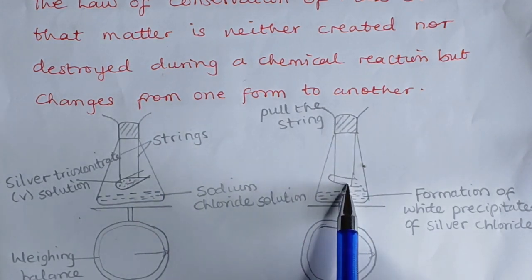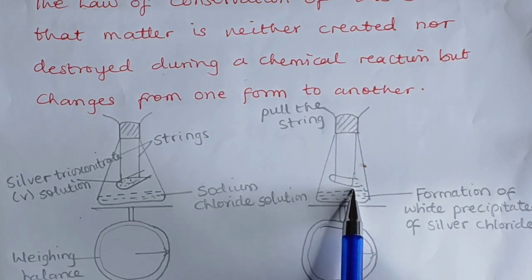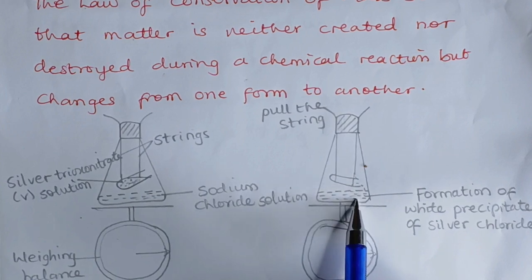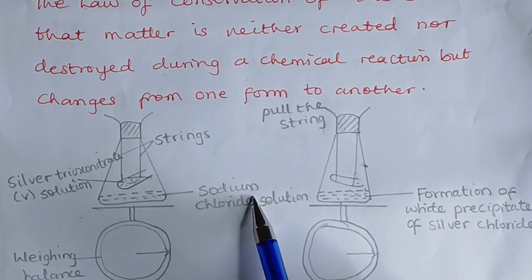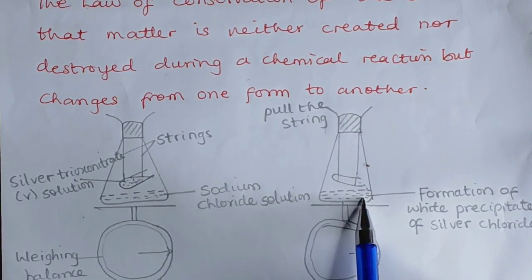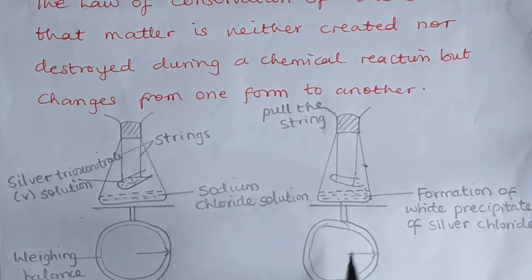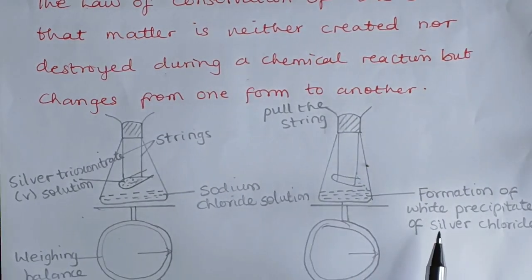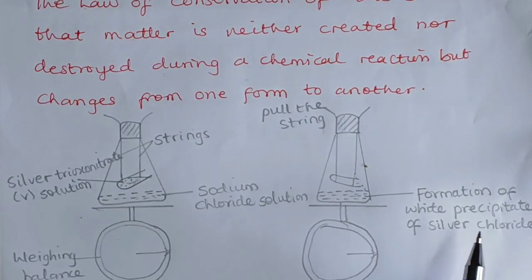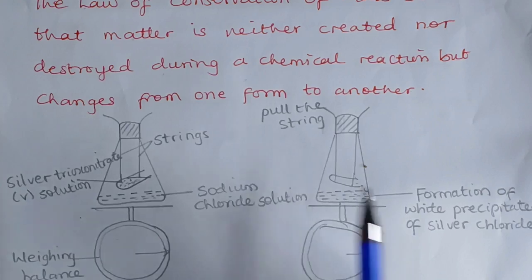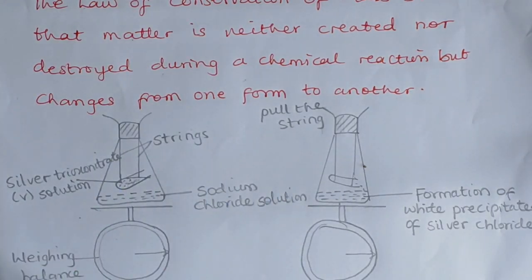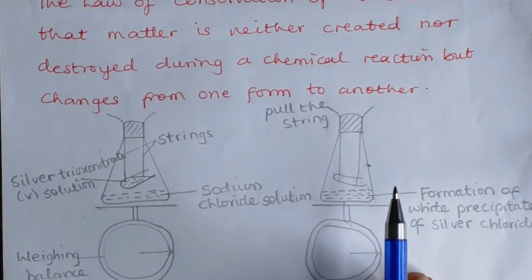Then after pulling the string, the solution in the test tube pours into that of sodium chloride. That is, the silver trioxonitrate 5 and the sodium chloride mix together. They react together, and the weight is also taken without anything escaping. And it was found that at the end of the experiment, the mass at the beginning was equal to the mass at the end.